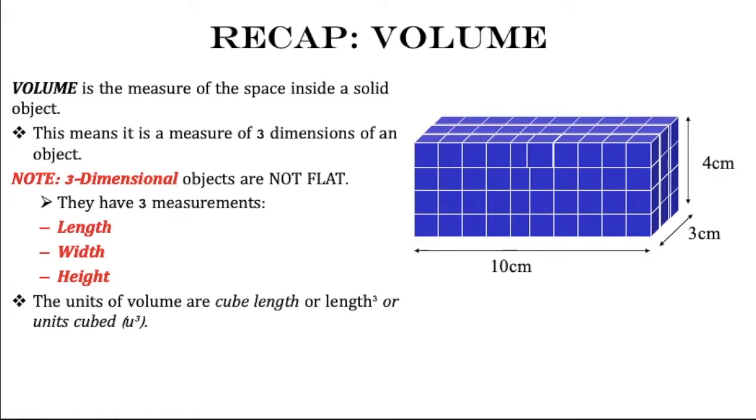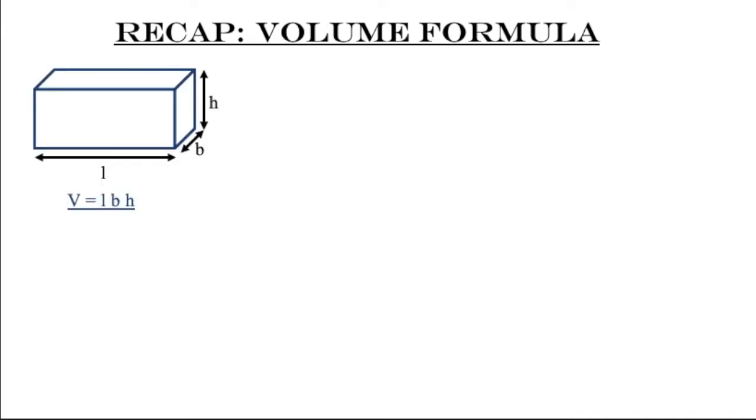So, recapping volume, we know that volume measures the space inside a three-dimensional object, and it's calculated with the length, the width, and the height. In terms of formulas, we know how to calculate the volume of a rectangular prism, which is given by length times breadth times height.